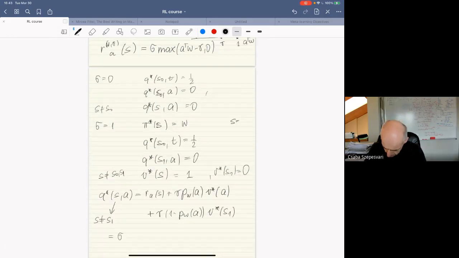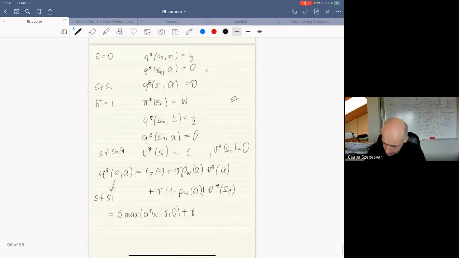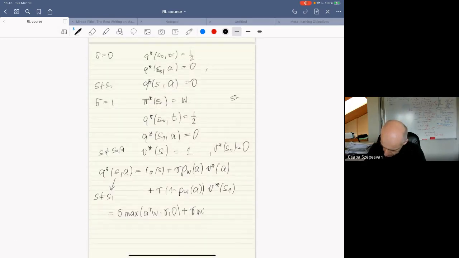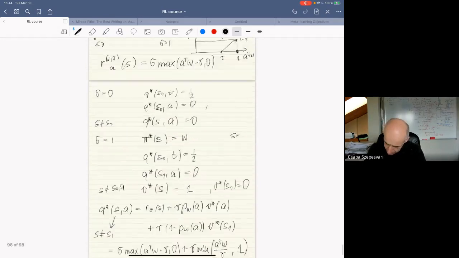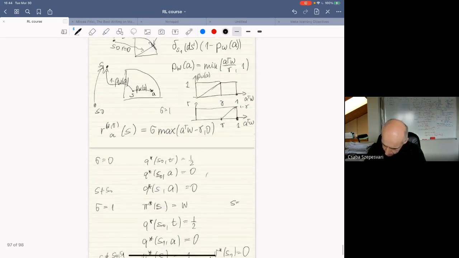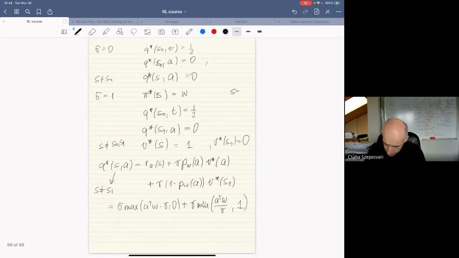RAS is sigma max A transpose W minus gamma, 0. What's PWA? Well, it's the minimum of A transpose W over gamma and 1. Right. And in this case, sigma is equal to 1, so I don't have to write the sigma there.